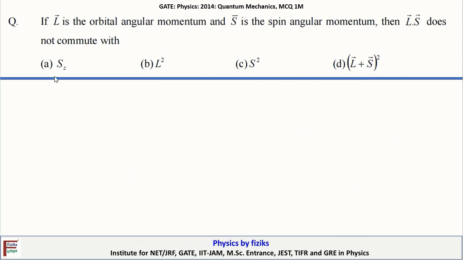If L is the orbital angular momentum and S is the spin angular momentum, then L dot S does not commute with which of the following options?